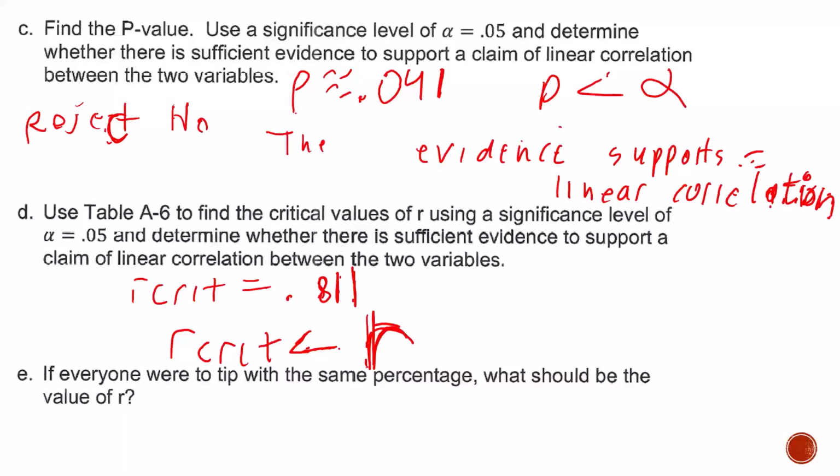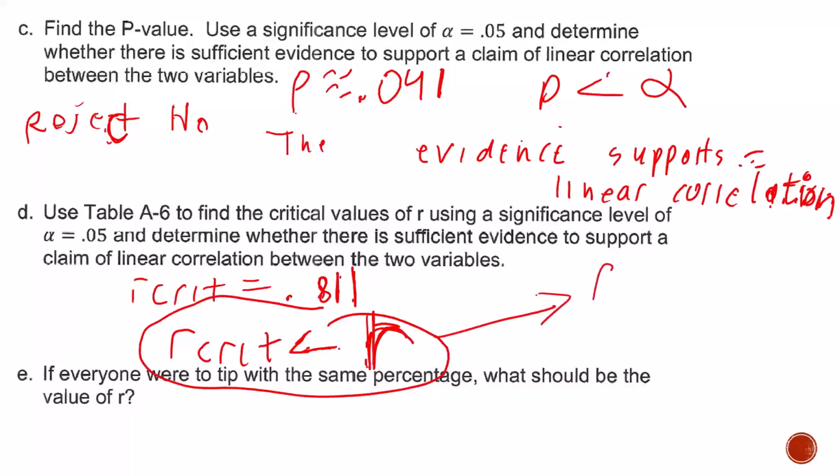So since R crit is smaller, same thing we had here, reject H naught, which means that evidence supports there is a correlation, right?